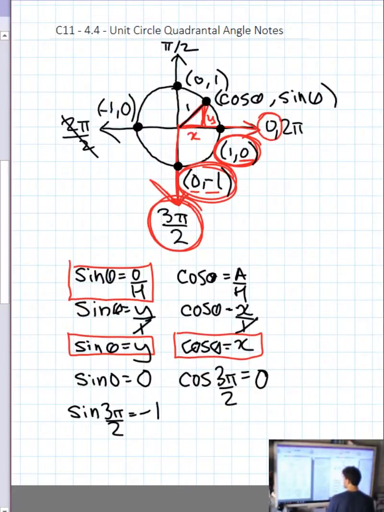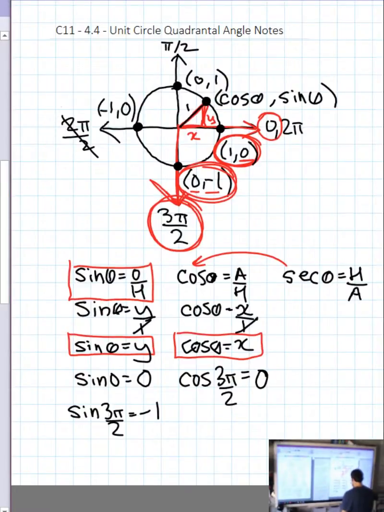Why don't we do secant theta? It's in the middle. Secant theta, I know, is the flip of cosine. Remember, if the s is first, it flips with the one with the c first. So I know that's h over a.